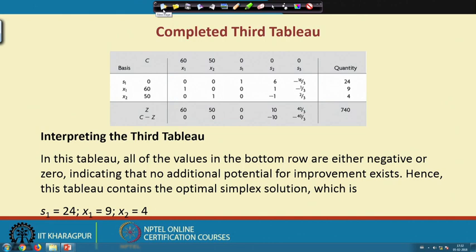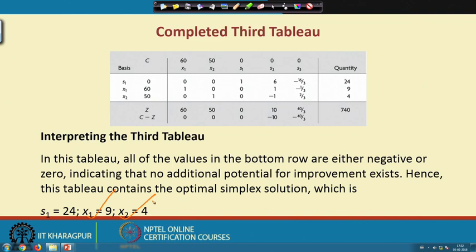So, technically we have now reached the optimum solution, and as a result the values of the decision variables are x 1 equal to 9 and x 2 equal to 4 and s 1 is 24, but s 1 is not a variable in the original setup. So, the final optimum solution is with respect to x 1 and x 2, and the objective function is already there.